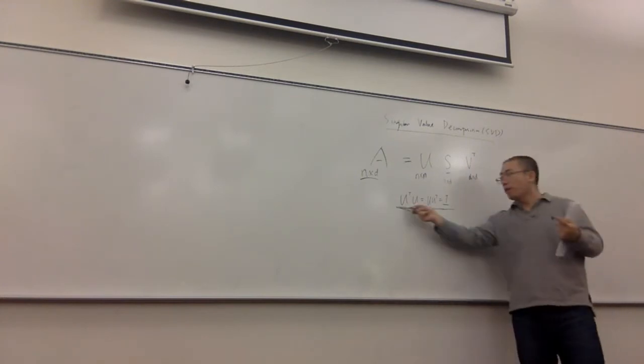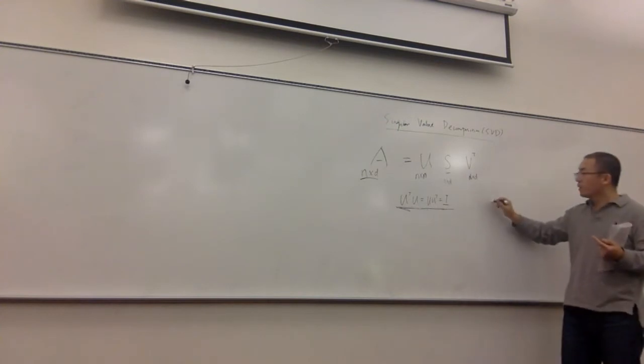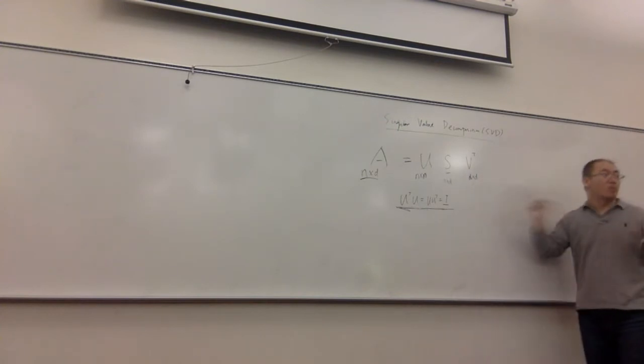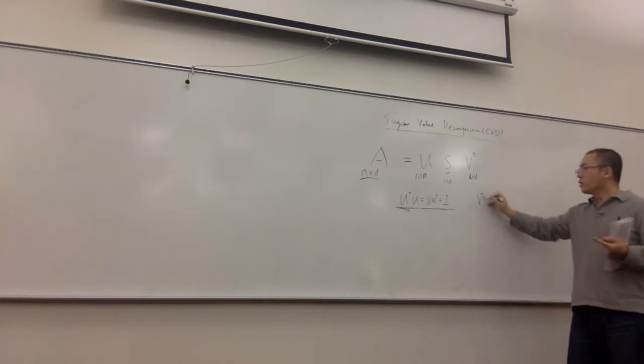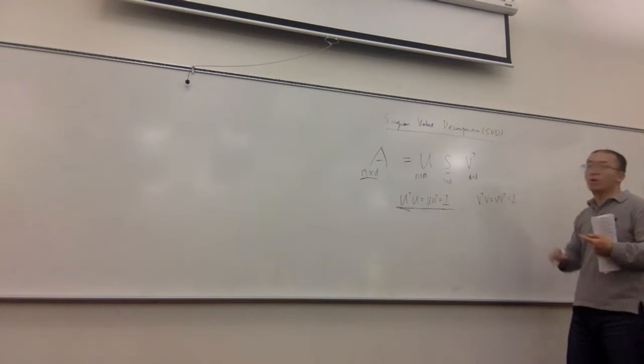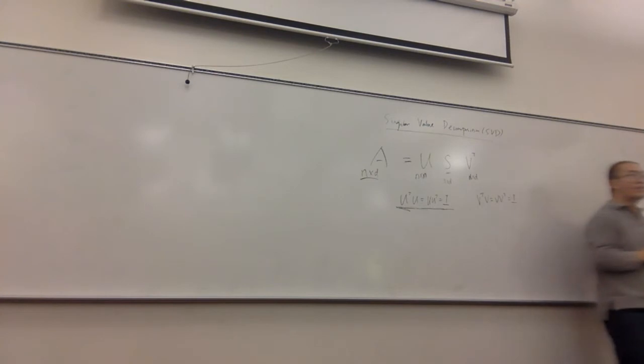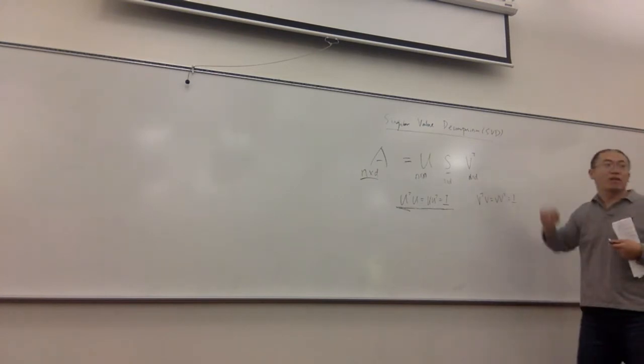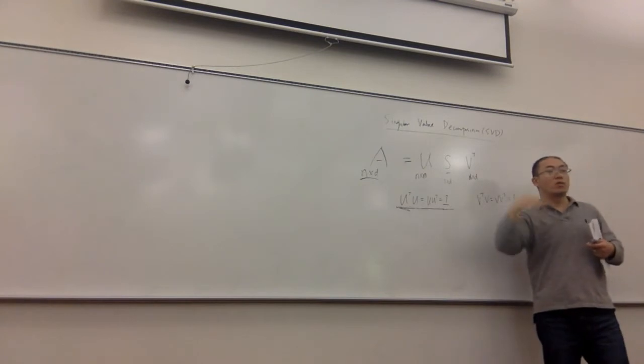Similarly, V is an orthogonal matrix, meaning V transpose V equals V V transpose equals another identity matrix.